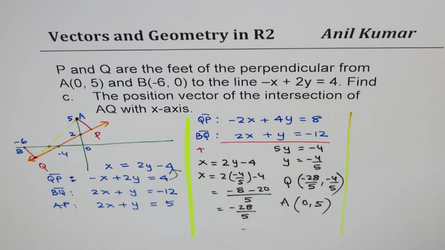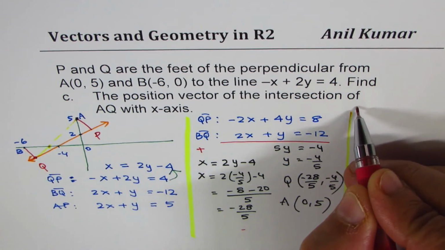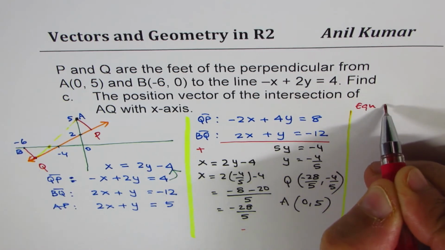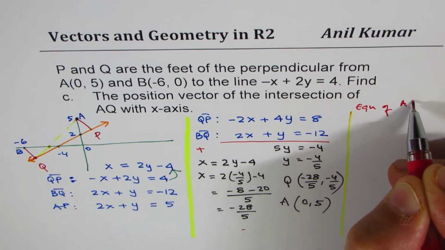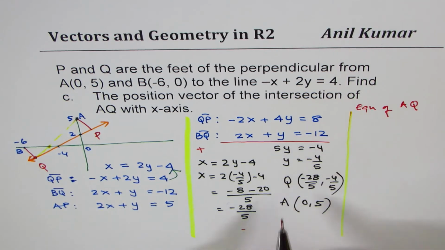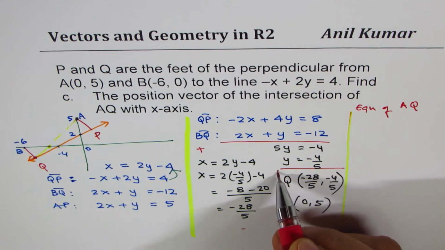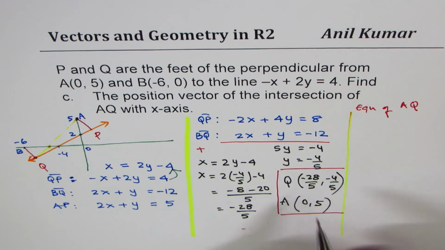So now what we are trying to do here is find the equation of AQ. Knowing A, these are the points known to us, right? So I'll do the vector equation.